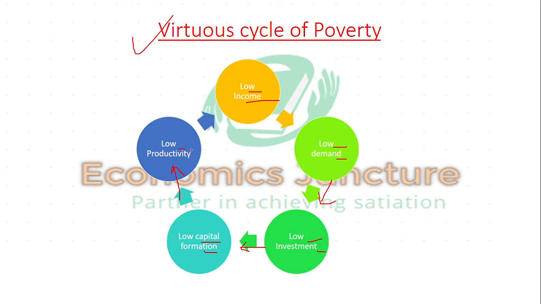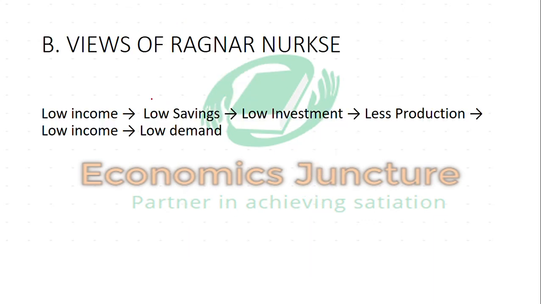Now, because of low productivity, income would remain low, and this cycle will continue, right? So this is the same thing written in different ways. Low income would lead to low saving, would lead to low investment, which would translate into less production, which would mean low income and therefore low demand, right?